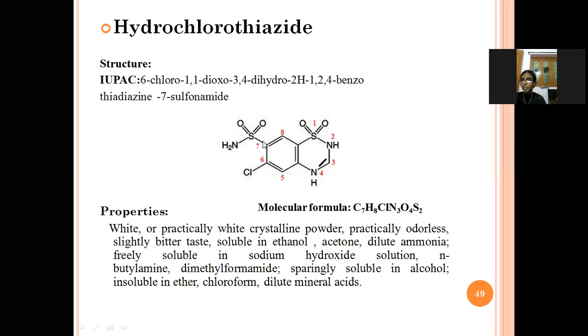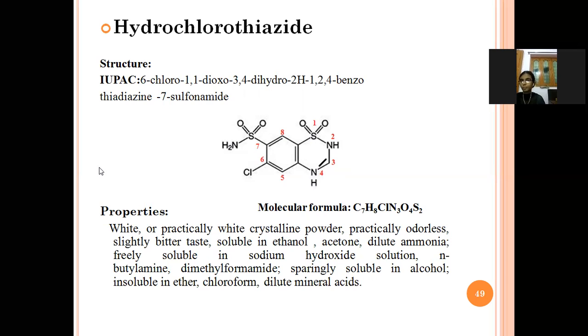So it is named as 6-chloro-1,1-dioxo-3,4-dihydro-2H-1,2,4-benzothiazine-7-sulfonamide. So this is the structure of hydrochlorothiazide.